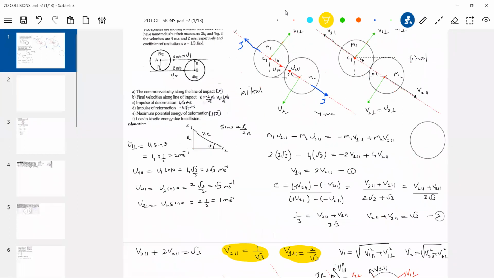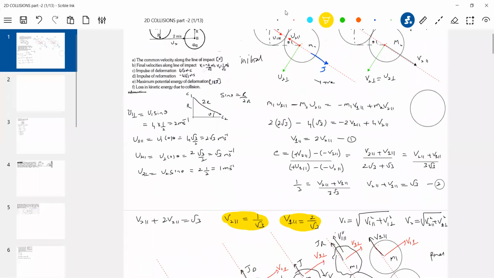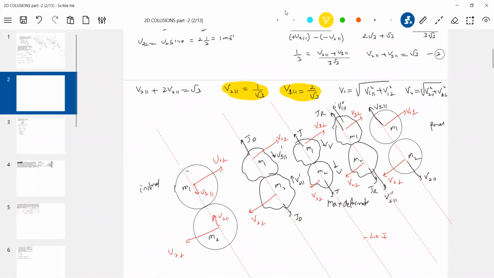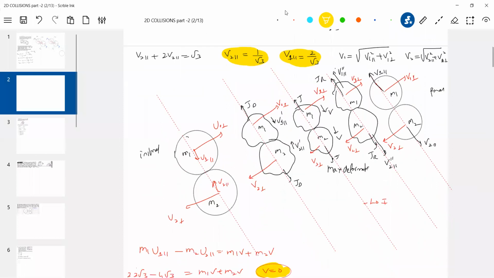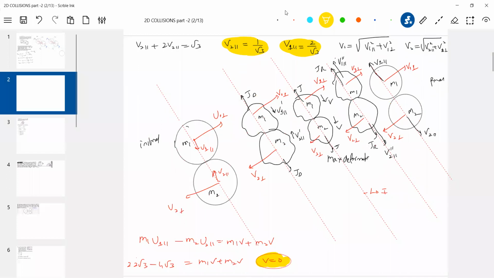Impulse of deformation. How to calculate this? I think from the initial to the third diagram, what all will act on any one body, that is impulse of deformation. Any formula can you write for this?